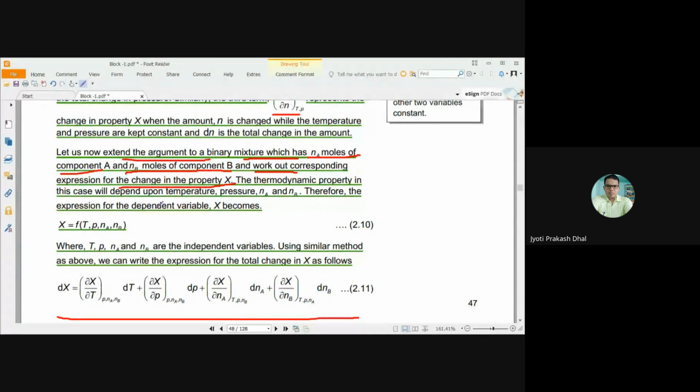The binary system is formed by taking Na moles of A plus Nb moles of B.